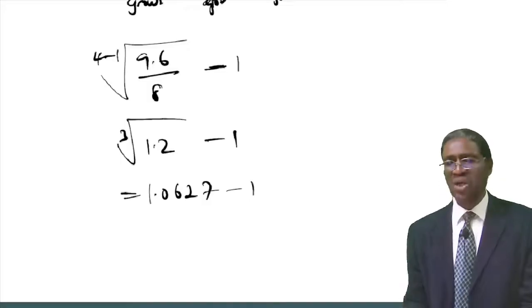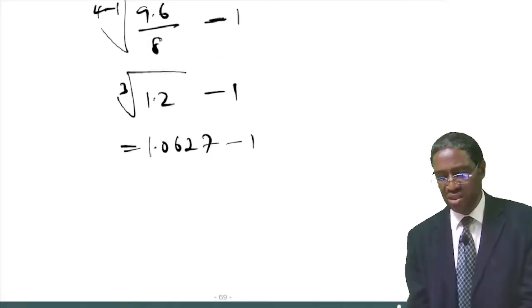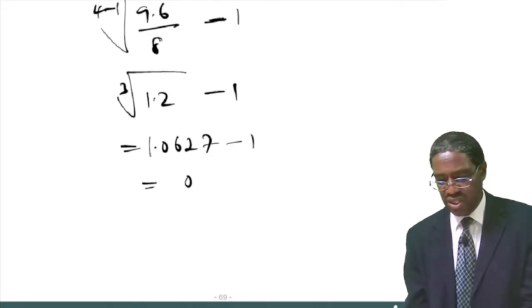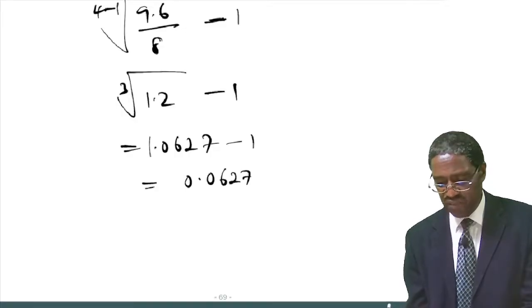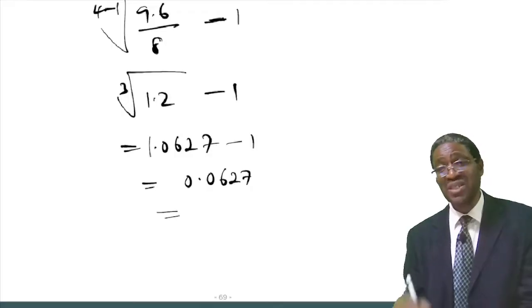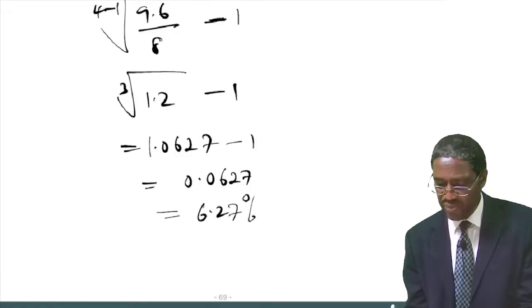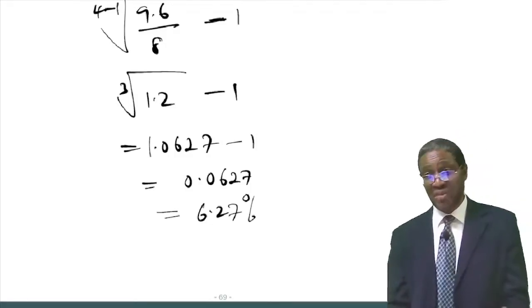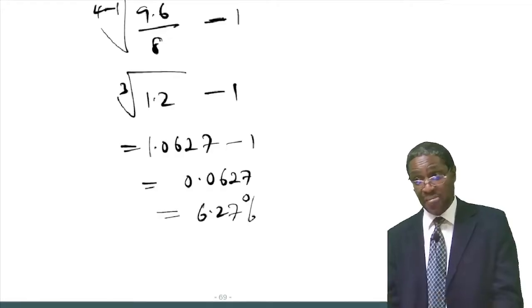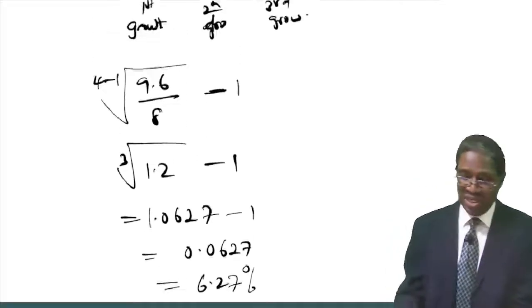Then I minus 1, and this becomes 0.0627. Expressed as a percentage, this is 6.27%. That's how we determine the growth rate.